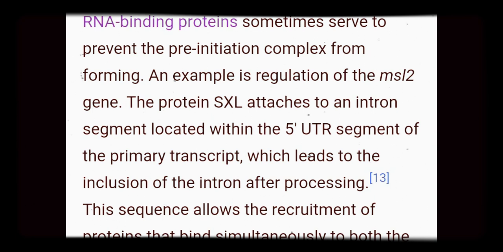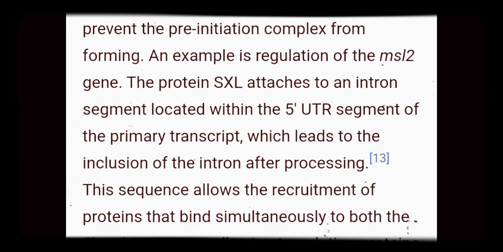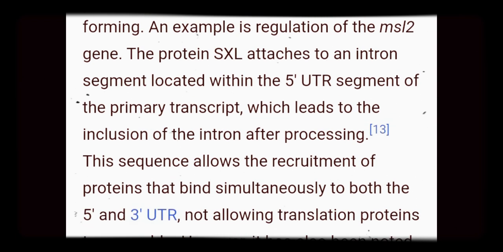There is a protein called SXL which attaches to the intron segment located within the 5' UTR segment of the primary transcript. It binds to the 5' UTR, which leads to inclusion of the intron after processing.